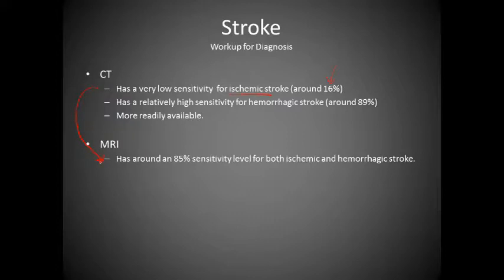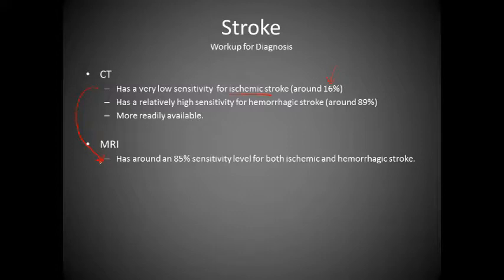However, if you compare detecting ischemic stroke in CT to MRI, we see that MRI has around an 85% sensitivity level for both ischemic and hemorrhagic stroke. And so MRI can really detect ischemic stroke where CT can't. And so if you're looking for an ischemic stroke, chances are MR is going to give you a better outcome for that.